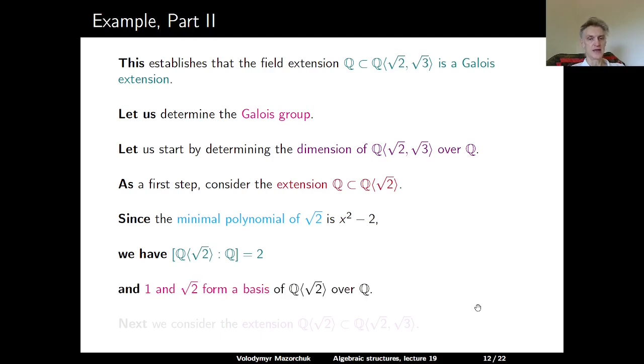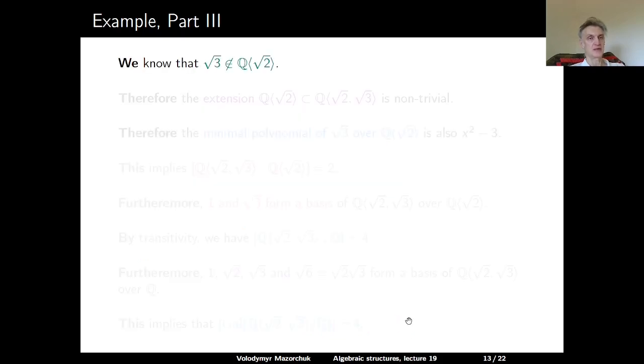And also the elements 1 and the square root of 2 will form a basis of the bigger field over the smaller field. Next, consider the extension when we add to Q with the square root of 2 added, the element the square root of 3. We know that the square root of 3 doesn't belong to Q with the square root of 2 added, and therefore this extension from Q with the square root of 2 to Q with the square root of 2 and the square root of 3 is non-trivial.